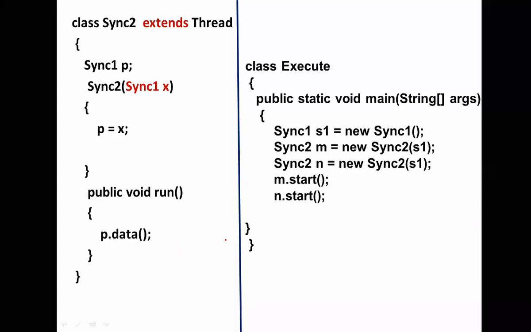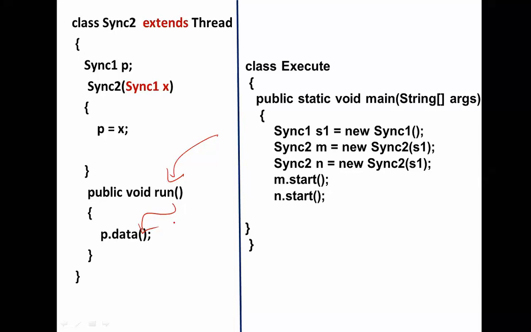So what this tells me is any object of class sync2, whenever I create one, it will be a thread, and second, on execution, it will always try and execute this data method because it will call run, and run will then invoke the data method from over here. So this is the structure of the program.